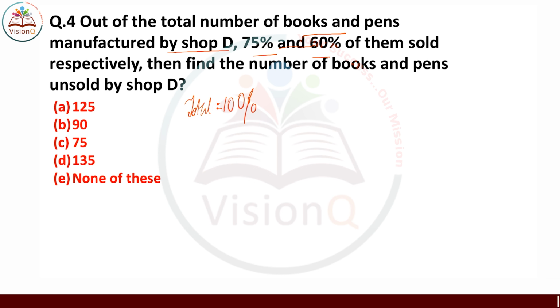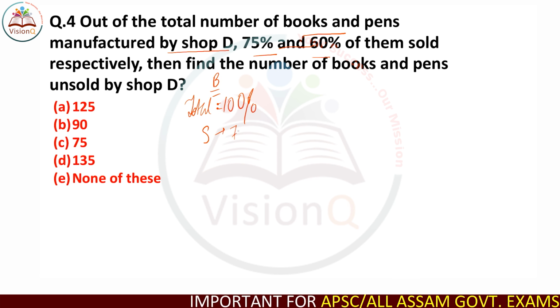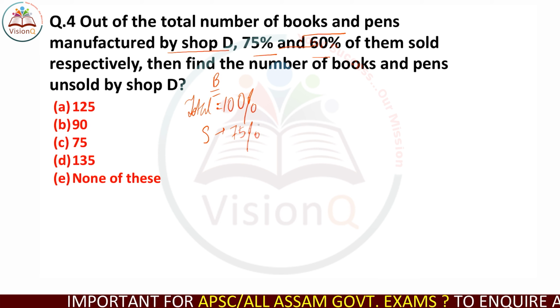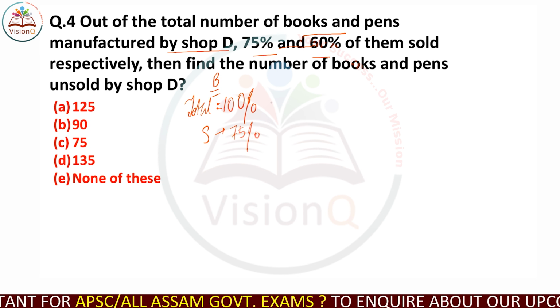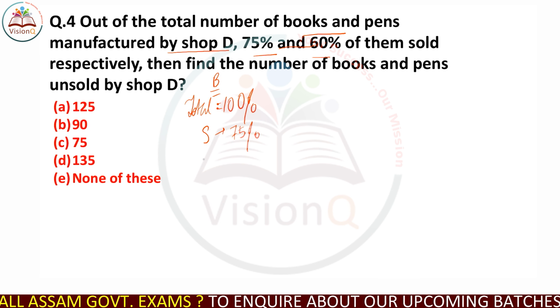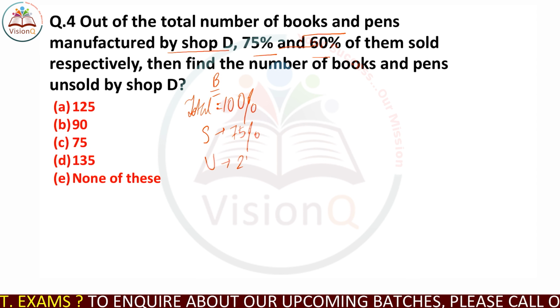Out of 100% books manufactured, if 75% of the books were sold, then I can say the unsold will be how much? 25%.